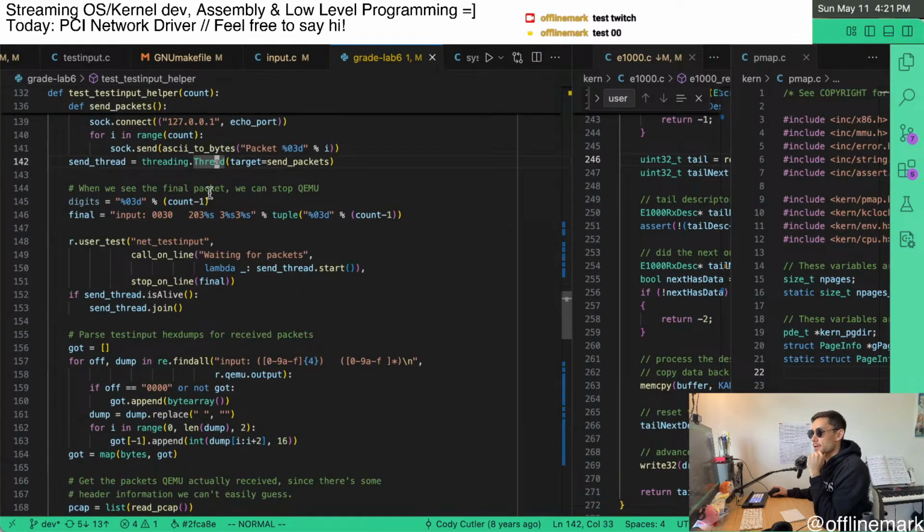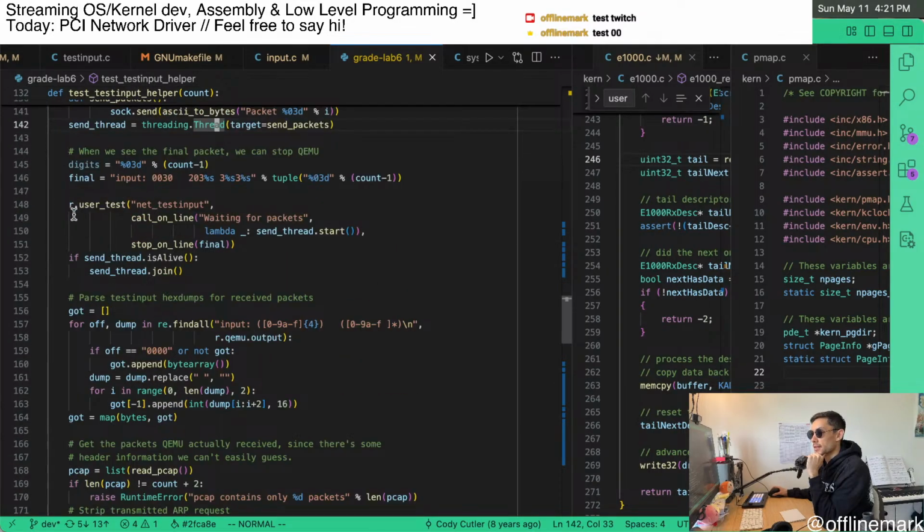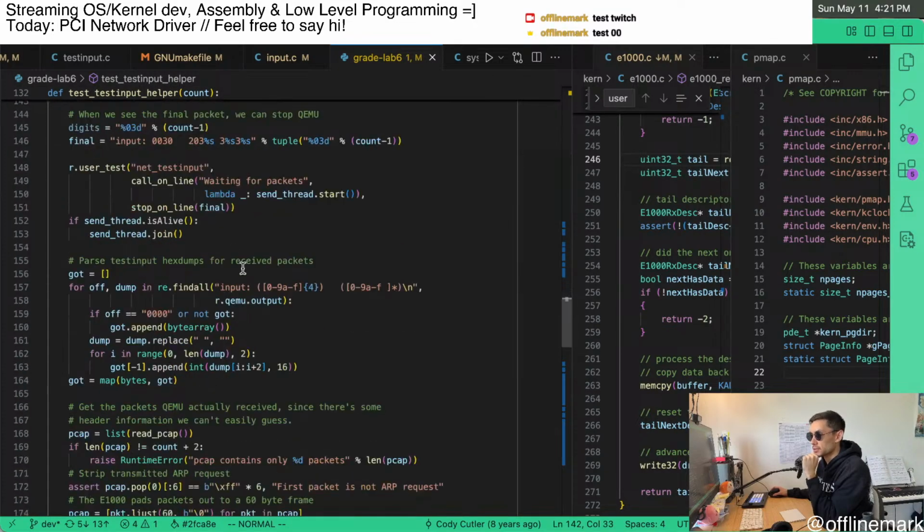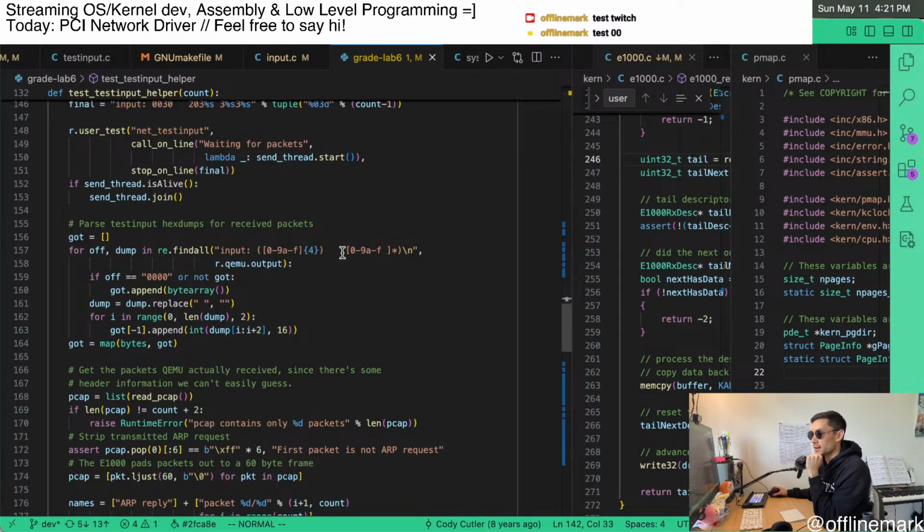Then it runs the VM, which is going to try to receive all that data. At the very end, it's going to do some validation on the PCAP file.